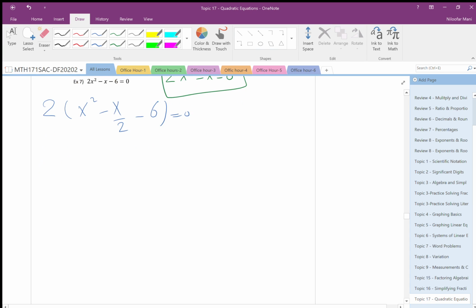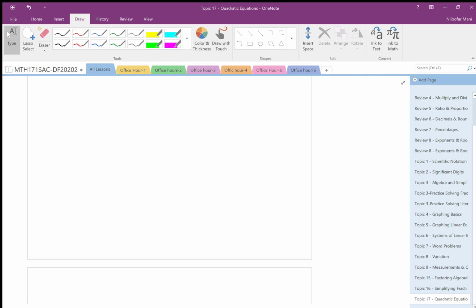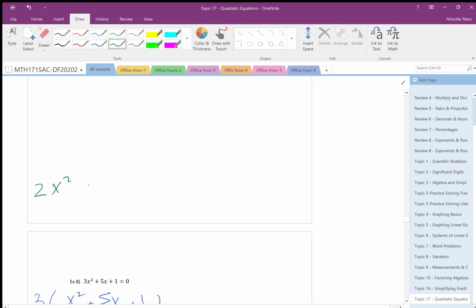So do you know what I mean here? See, for example, I give this to a student, 2x squared minus x minus 6. This is just a math expression, so it's not equal to 0. No, just one without an equal sign. So I say, please simplify it for me if you can.